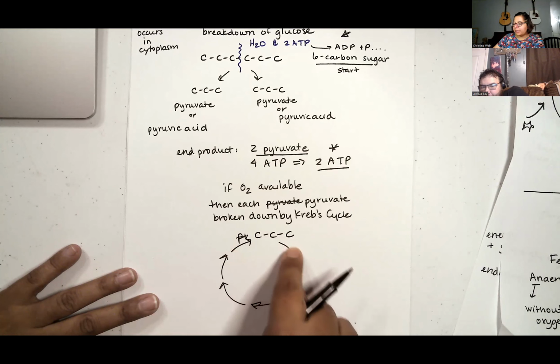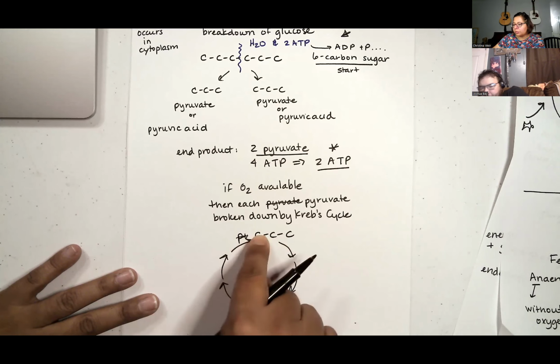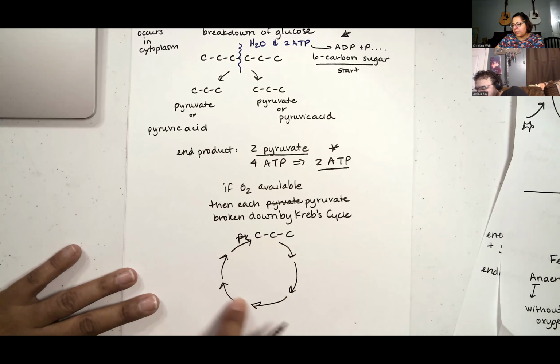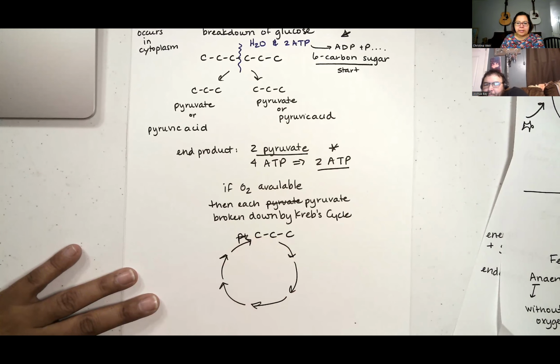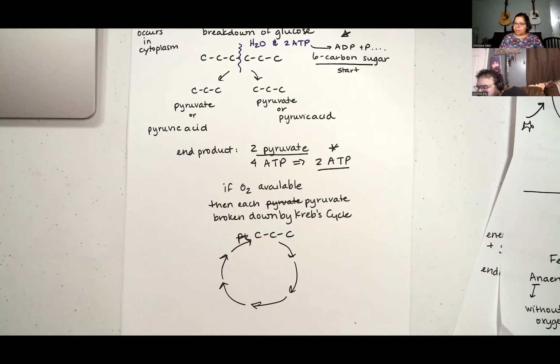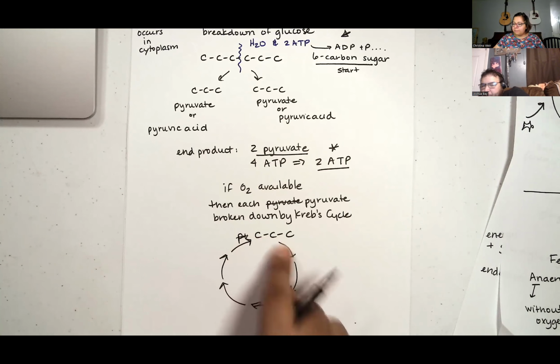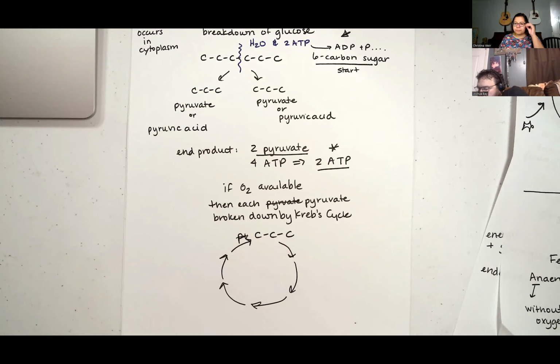So you kind of get trapped in this circle where pyruvate gets broken down and then returned back to something like pyruvate over and over again. That's why we call it a Krebs cycle. Krebs, named after the gentleman who discovered it, cycle, because you end up making what you started with.